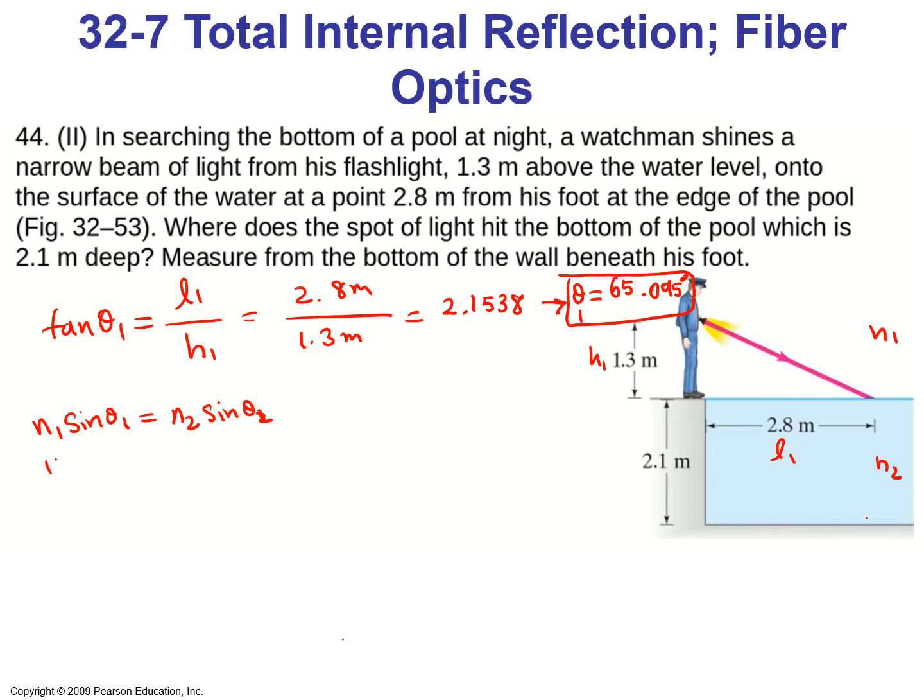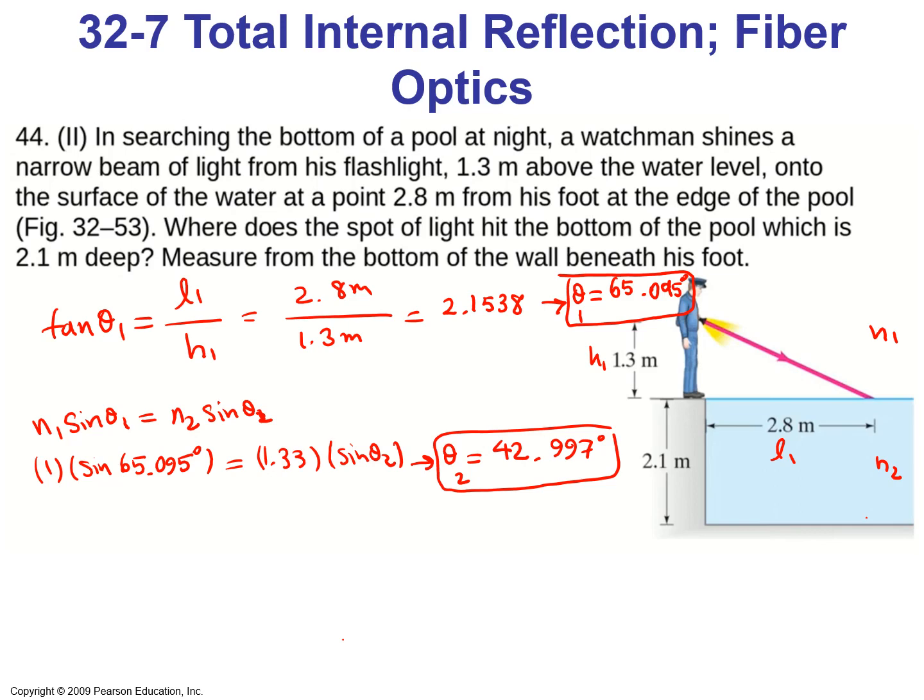For air we have 1 sine theta, theta is 65.095 degree. For N2 we have water is 1.33. Sine theta 2, do the math, theta 2 will be 42.997 degrees.